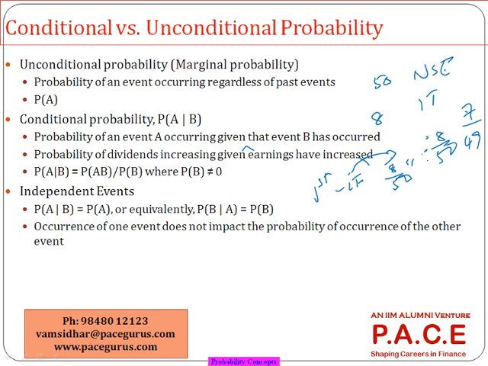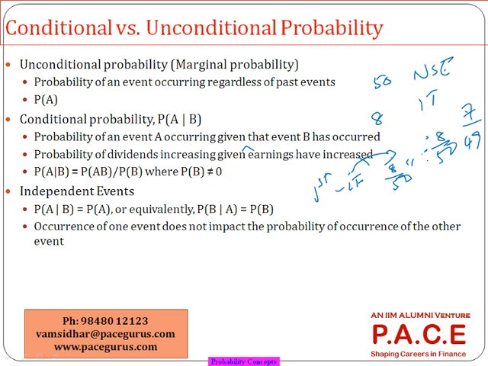Whereas in this stock-picking example, if I say I'm not replacing the stocks, which means if I'm picking up one, what is the chance that that one is an IT stock or a non-IT stock?